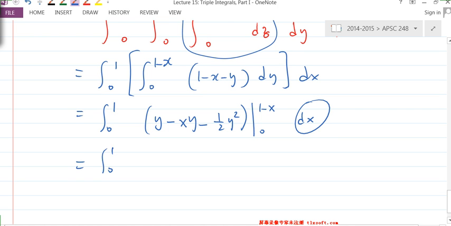Okay, so 0 to 1. So what do we have here? So y minus x to y. So y minus x, y minus x, minus 1 half y minus x squared, and dx. And look at that, I forgot a bracket.